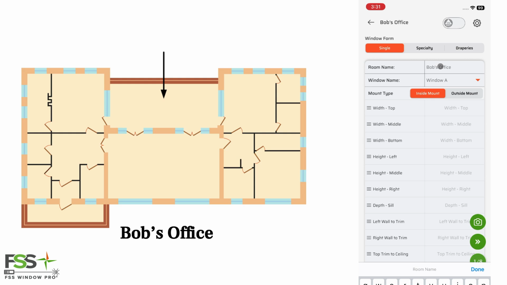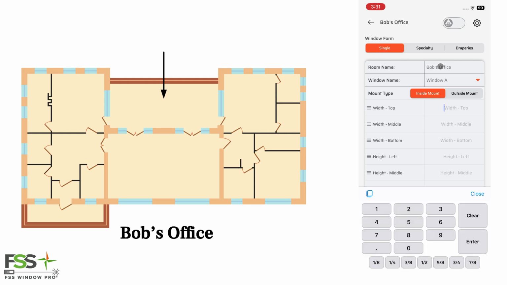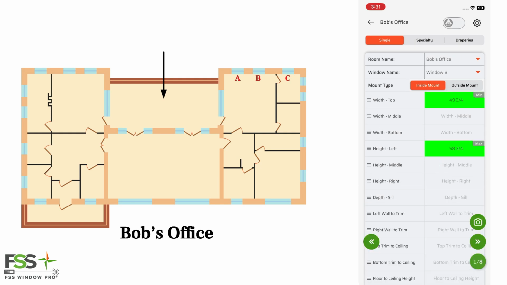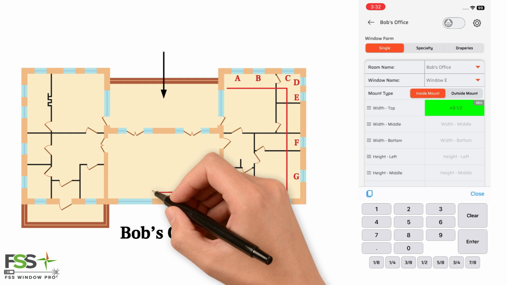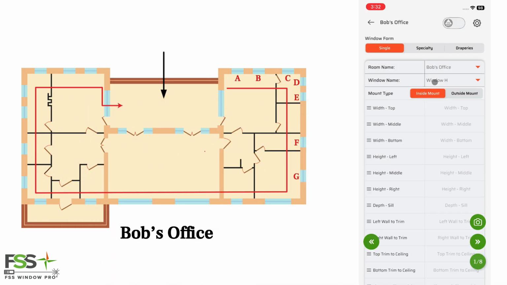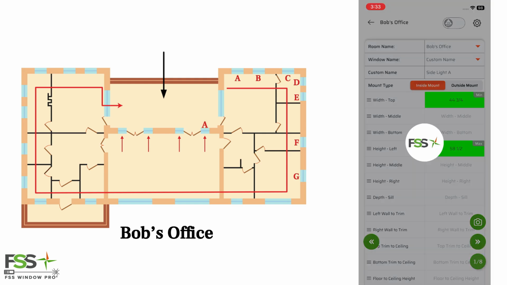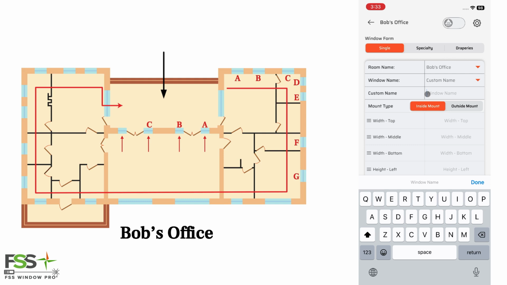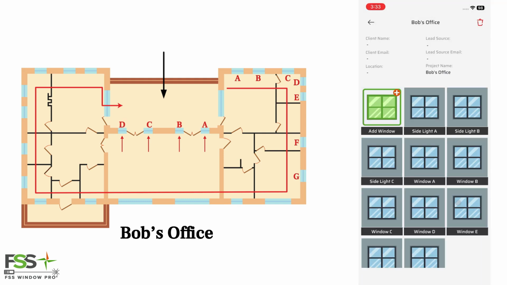You walk the space left to right, measuring windows as A, B, C, D, E, F, G, and continuing around the perimeter of the room until you return to where you started. If you encounter something special, for example, side lights next to doors, you could capture those separately. You might name them Side Light A, Side Light B, Side Light C, and so on.